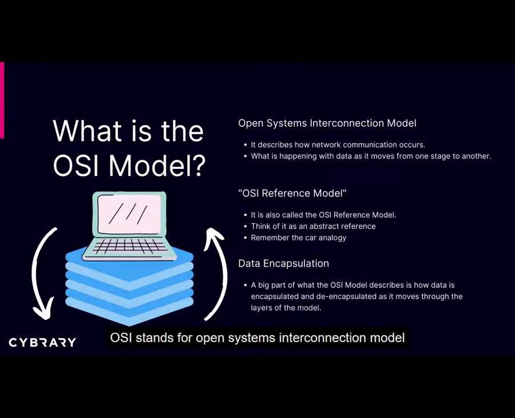OSI stands for Open Systems Interconnection Model, and it describes the universal standard mechanisms for communication in a computer network. The open systems part of it refers to how this model applies to any computer network, regardless of the technology stack being used. An analogy that I like to use is how a car works.